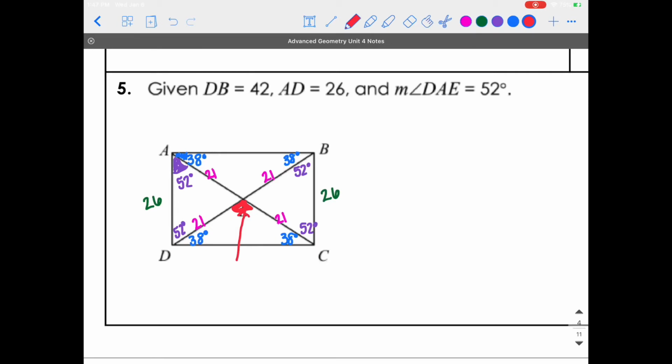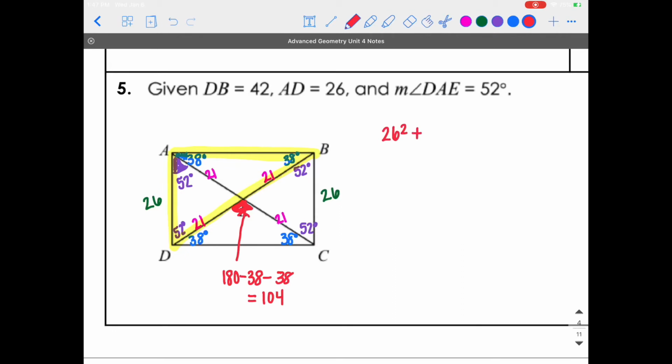But that angle, if I take 180 minus 38 minus 38, then we get 104. And there's also a good possibility that I'm going to have to do Pythagorean theorem to find AB. So I'm going to go ahead and do that.